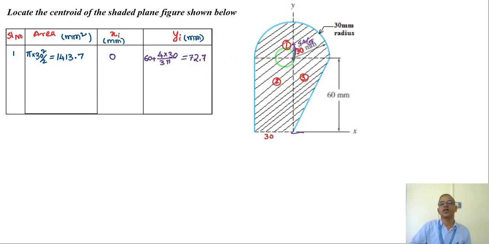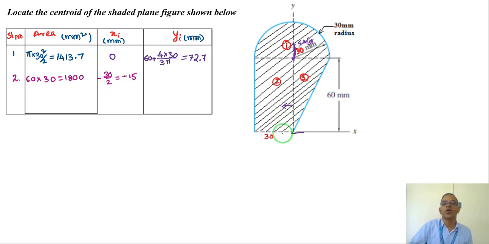What is the next area? Which is rectangle. Right? Rectangle, which is 60 into 30. What is xi? Xi is measured from the x-axis positive side, but my area is on the negative side, so my x coordinate will be on the negative side, right? So that means half of this 30. So minus 30 by 2, which is minus 15.